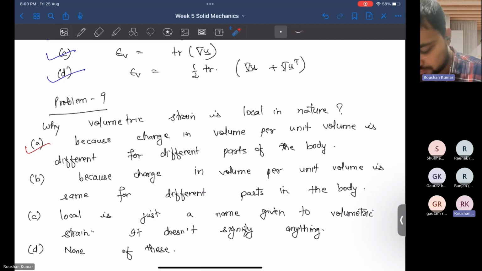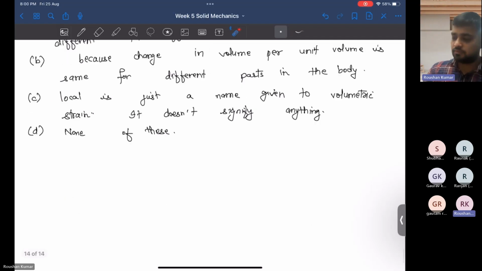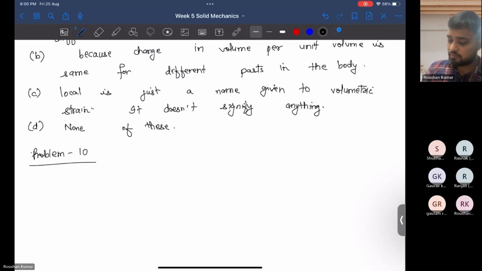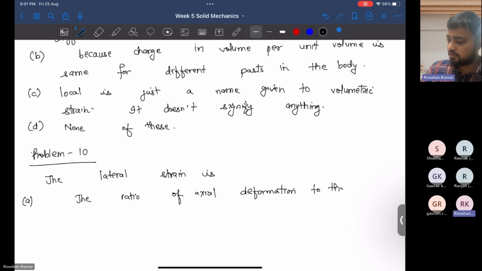Now we have another question, and this is the last question for the session today. That is problem number 10. The lateral strain is: option A, the ratio of axial deformation to the original length.